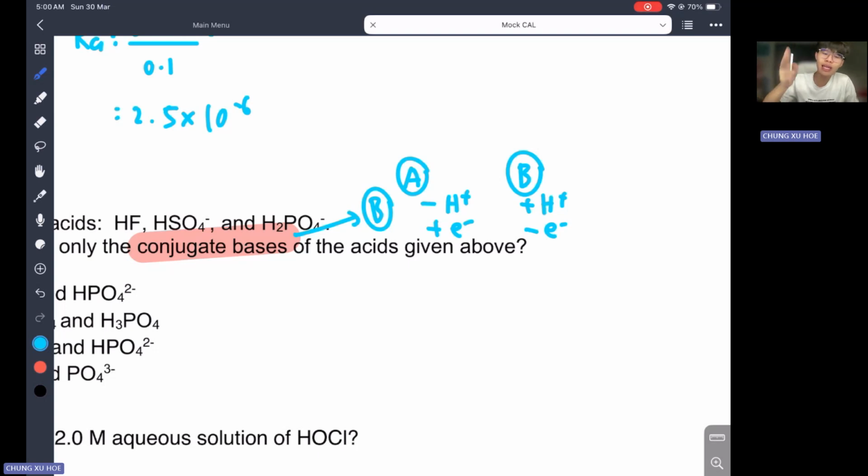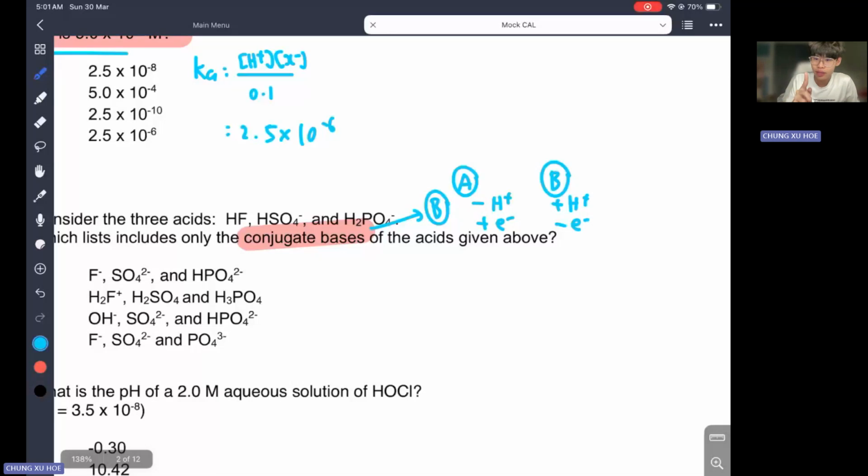So whoever gains electrons, according to Lewis, is the acid. Sorry, if it's a bit confusing, you can just replay. So just remember that for Arrhenius and Bronsted-Lowry, acid is going to lose hydrogen. For Lewis, acid is going to gain hydrogen.